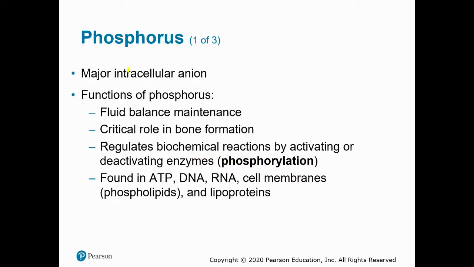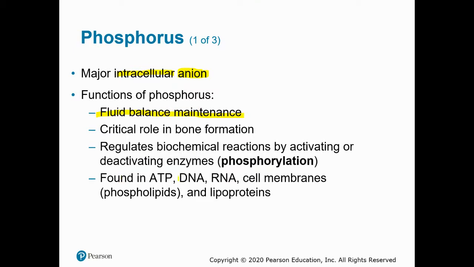And then phosphorus. Phosphorus exists with potassium inside the cell. Phosphorus is the major intracellular anion, so negatively charged, just like chloride. Again, phosphorus assists in fluid balance.